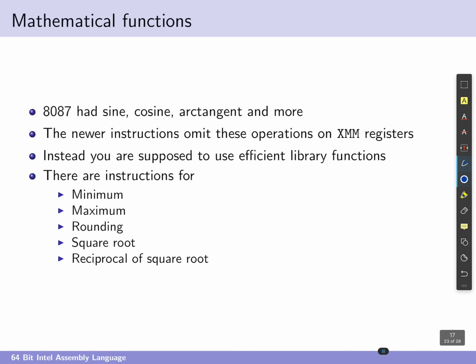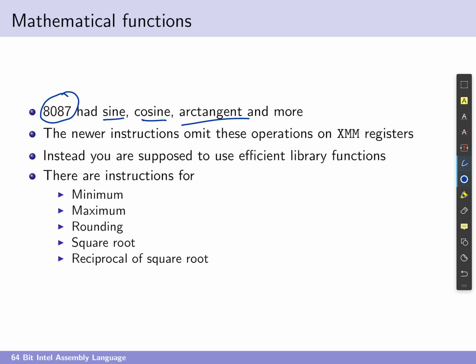Now, something that is a little bit sad is that with modern floating point instruction sets, we've lost a lot of the built-in functionality that was available to us. On the old 8086 chip, there were specific instructions for performing sine, cosine, arctangent, and many other trigonometric functions, and even more generic types of calculations.